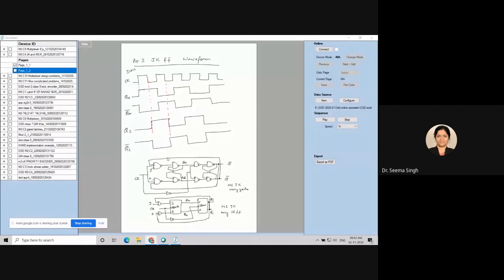Because slave is following master, slave will be acting only at the negative clock pulse. And because slave is acting only at the negative clock pulse, the output of this, which goes as feedback to this master, will not be available for continuous toggling or race around thing. That is why master slave flip-flop behaves as one of the solutions for that race around condition.